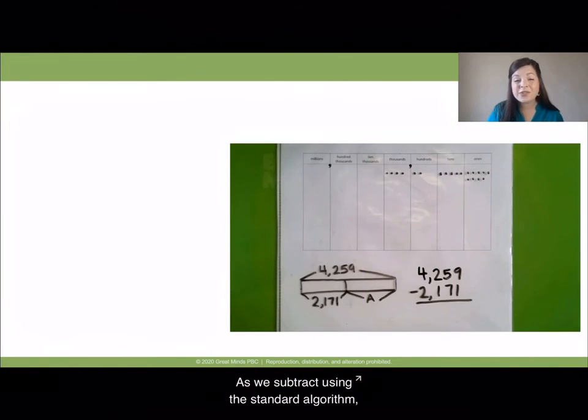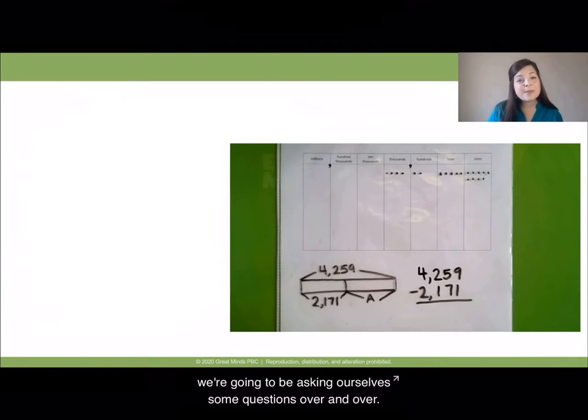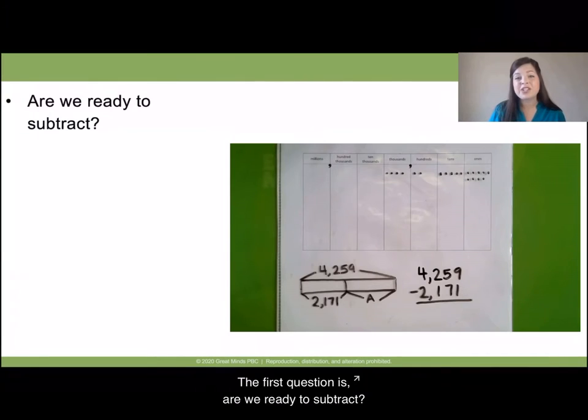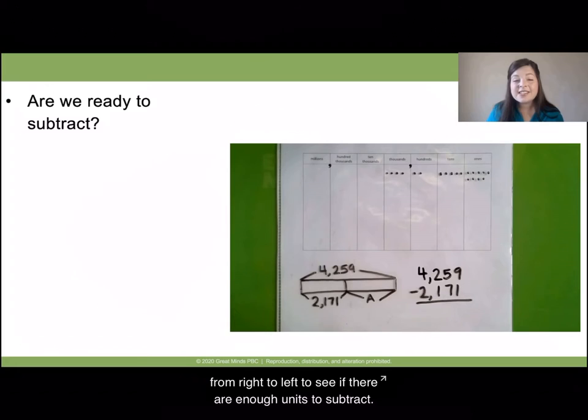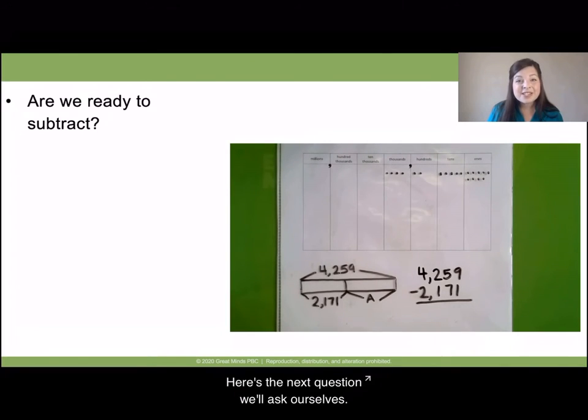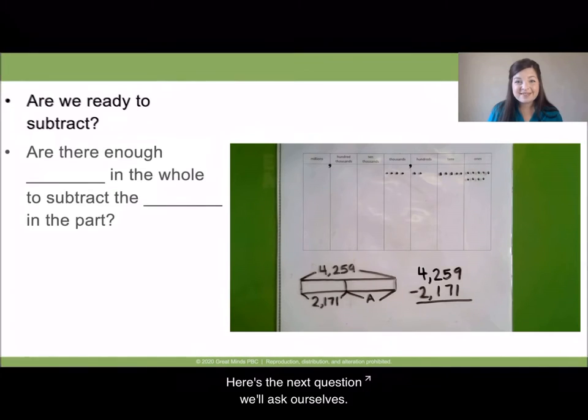As we subtract using the standard algorithm, we're going to be asking ourselves some questions over and over. The first question is, are we ready to subtract? We'll determine if we're ready to subtract by looking across the whole from right to left to see if there are enough units to subtract. Here's the next question we'll ask ourselves.